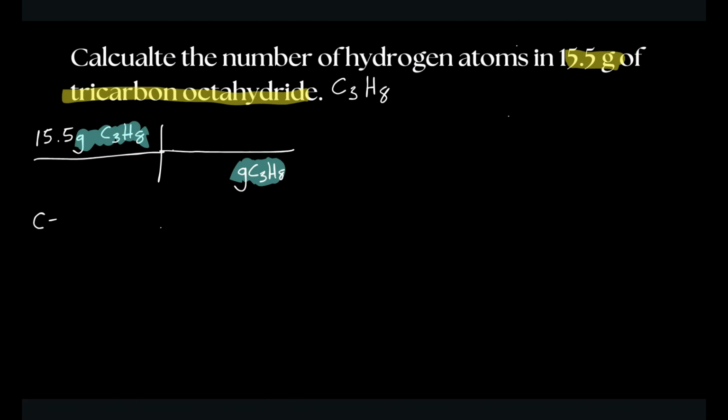So carbon has a mass of 12.011. Hydrogen has a mass of 1.008. In the tricarbon, I have 3 carbon atoms. The octahydride, I have 8 hydrogen atoms. So we are going to get 12.011 times 3 to give us 36.033. 1.008 times 8 is going to give us 8.064.